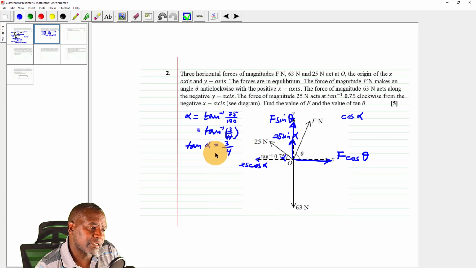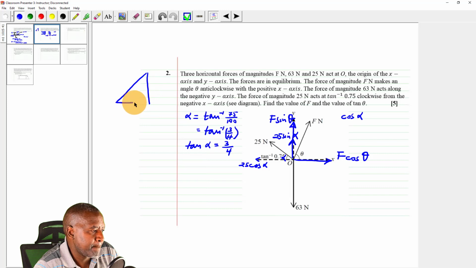So for alpha, let me draw this right angled triangle here. If this is alpha, and we know that tan of an angle is opposite over adjacent, this will be the opposite, this will be the adjacent, and then the hypotenuse is going to be 5, definitely.